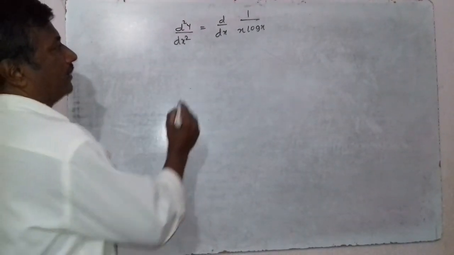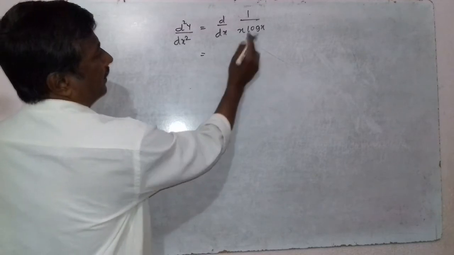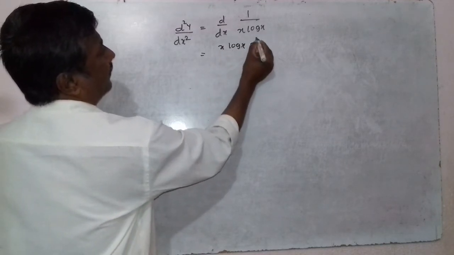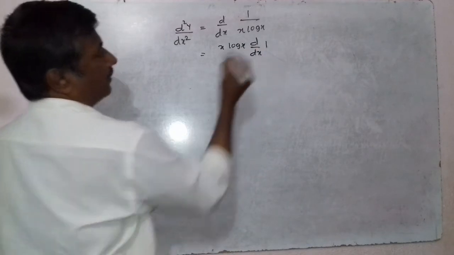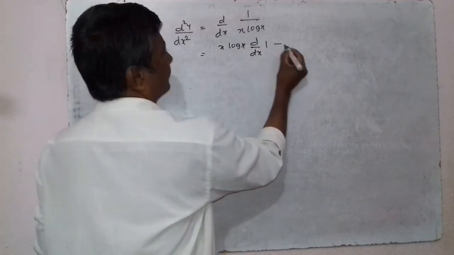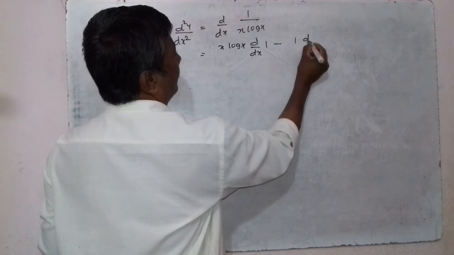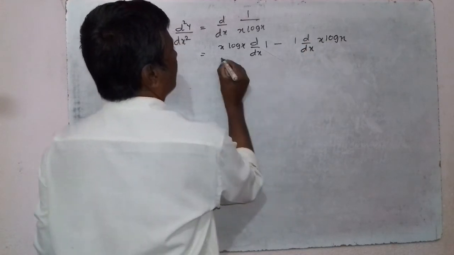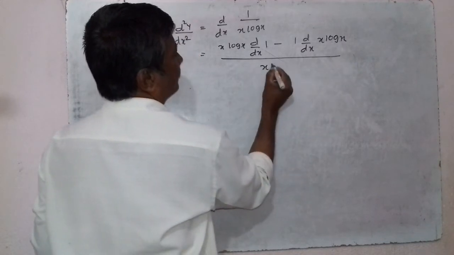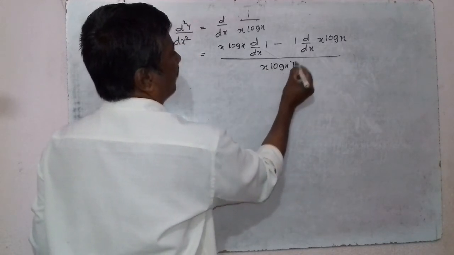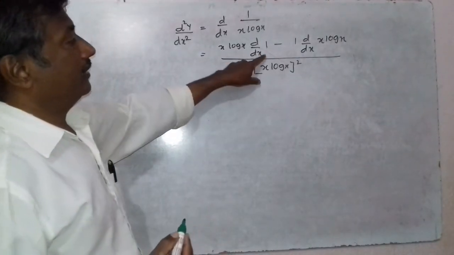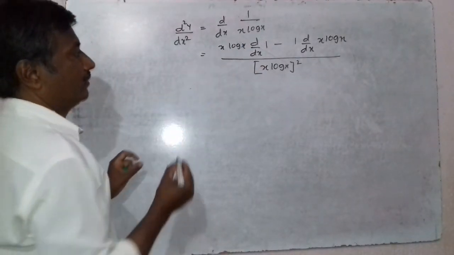So now differentiate this one. Denominator x log x times dy dx of 1, minus 1 times dy dx of x log x, divided by x log x bracket square. Here the derivative of a constant is 0.